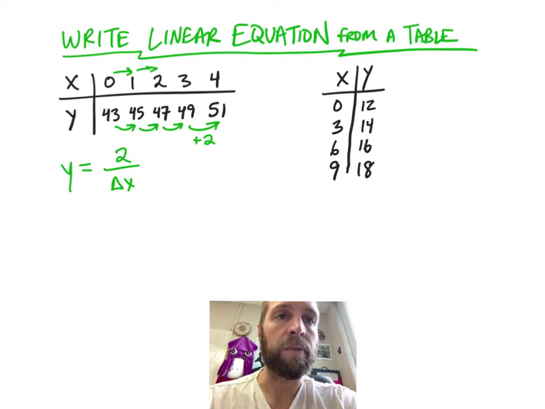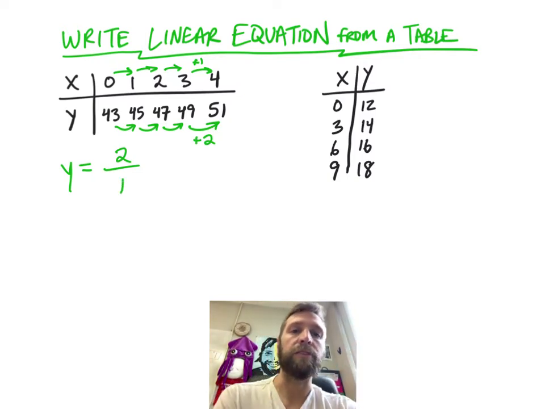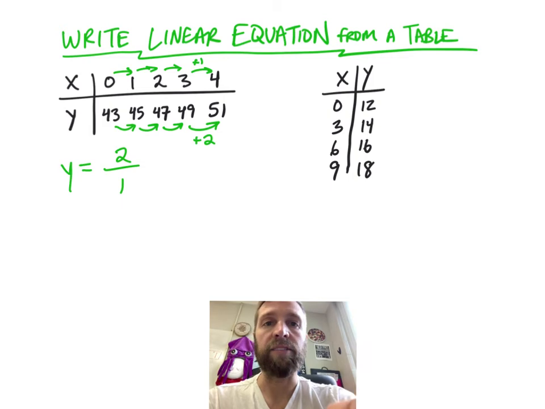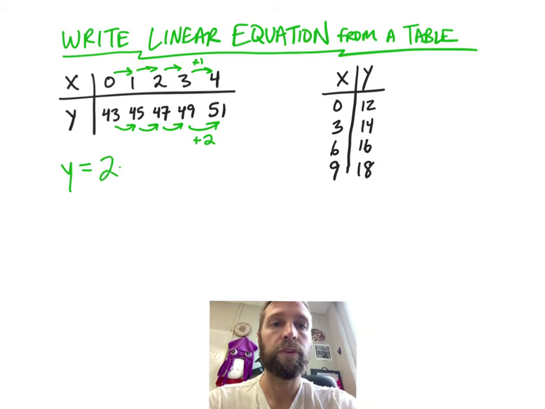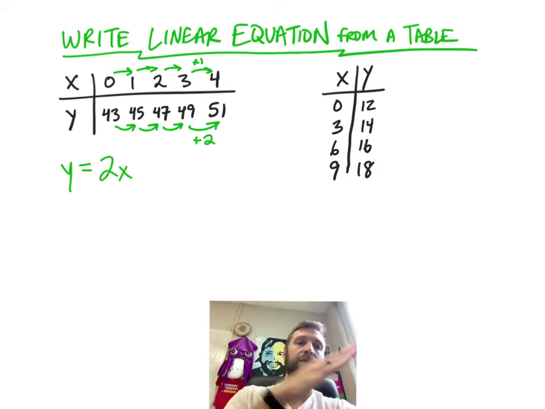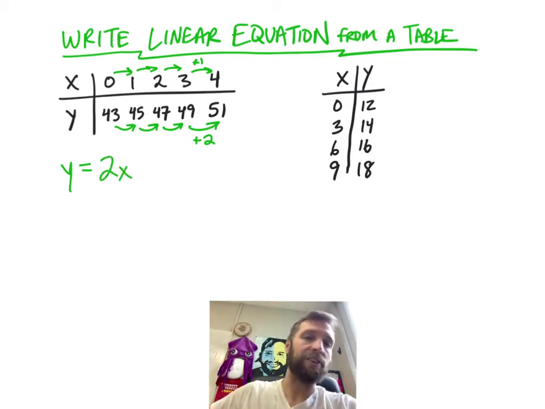The x's are just counting by ones here. That is super easy. It's going up 1, so I could fill in the change in x as a 1. So as my slope, 2 over 1. Obviously, we can simplify that, as most kids will, and say, hey, the slope is just 2. So y equals 2x.